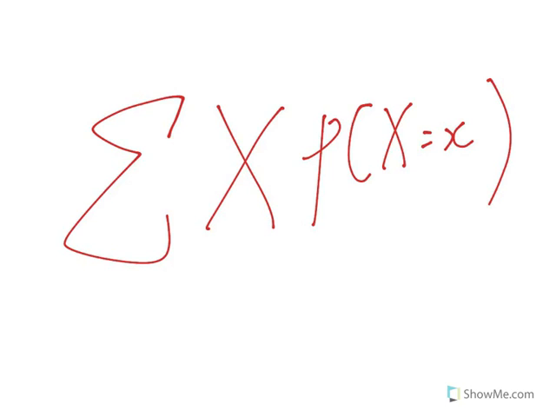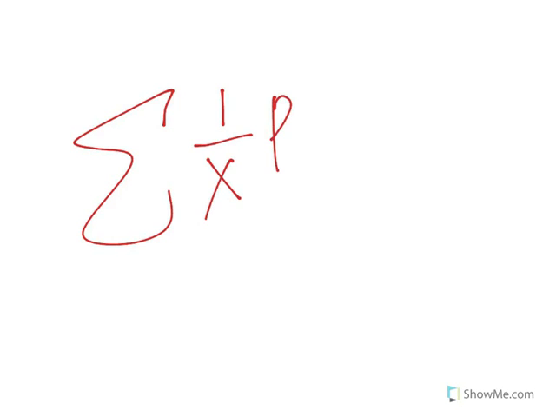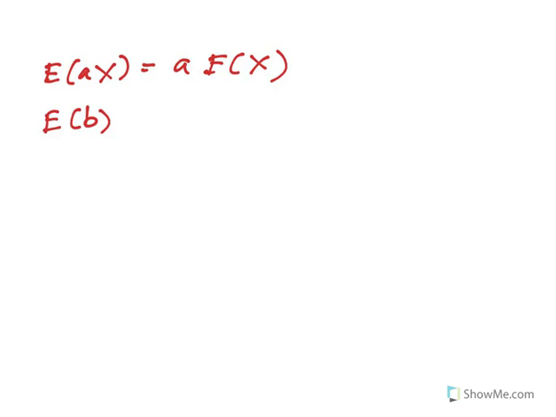E of 1 over x is just like I sum 1 over x. Theoretically, if you read the lecture notes, they will tell you that E of AX is equal to A times E of X. Then what is the expectation of a constant?